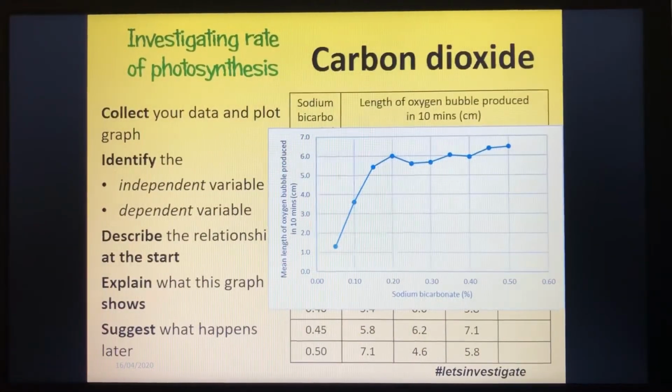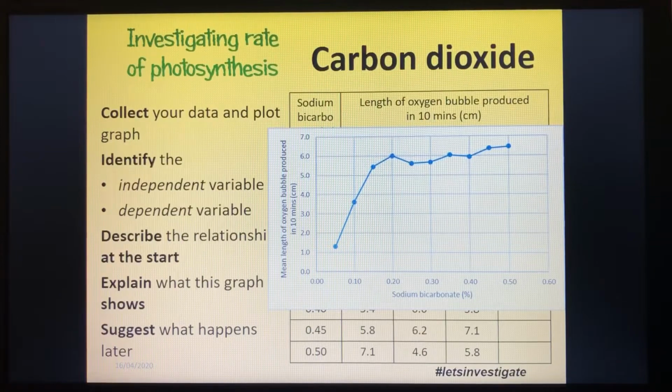So let's look at all of our instructions of things that we had to achieve today. We've collected the data, hopefully we've plotted our graph. The independent variable is the thing that we change, and in this case it was the sodium bicarbonate, which helped us with the carbon dioxide levels for the pondweed.